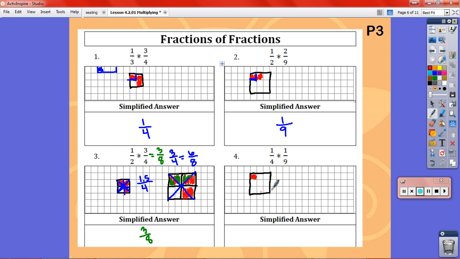I can't really draw it on this tiny little diagram, but basically there are 4 times as many pieces. So there's 4 of this, and then there's 4, 8, 12, 16, 20, 24, 28, 32, 36 total pieces. So this is 4 out of 36, but we only need 1 of those, so it's 1 out of 36. We end up with 1 out of 36.